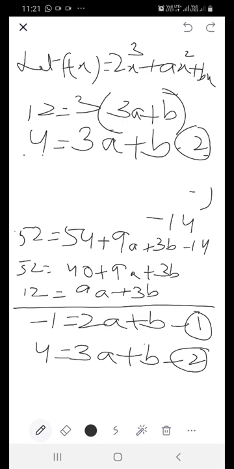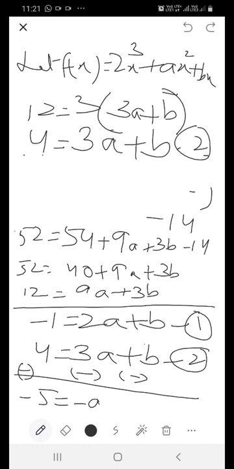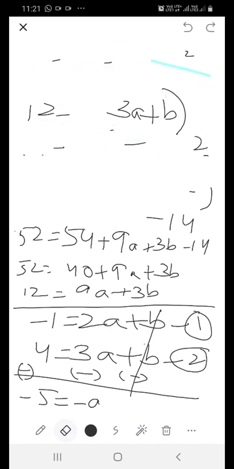Subtract second from first. It will be minus 1 minus 4, which is minus 5, and 2a minus 3a is minus a. The b cancels out. Therefore, a is equal to 5.